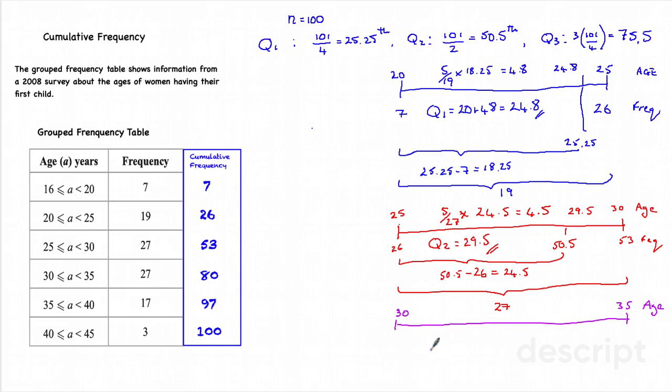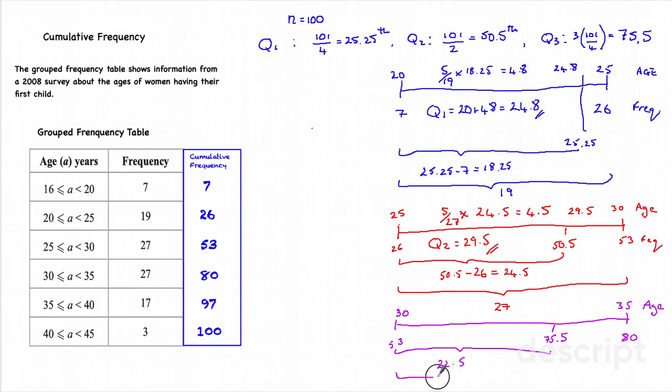The frequency goes from 53 to 80. And I need to find the 75.5 position along that line by doing a subtraction. I find that gap is 22.5.